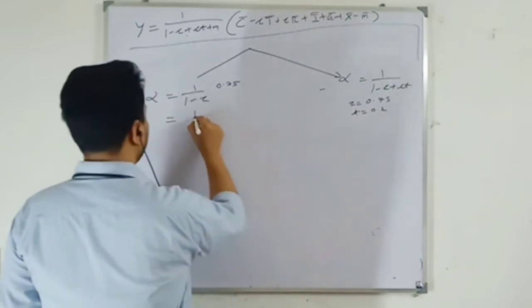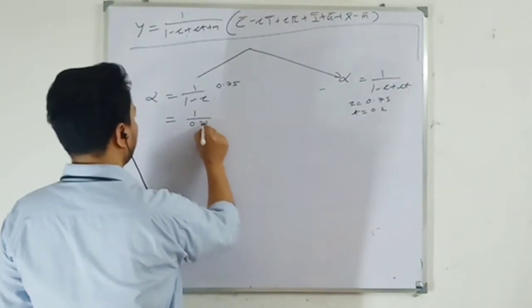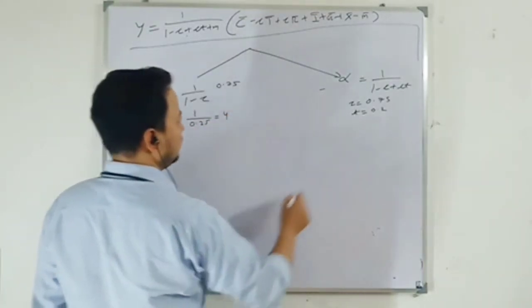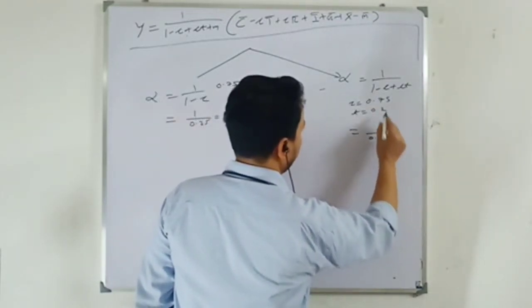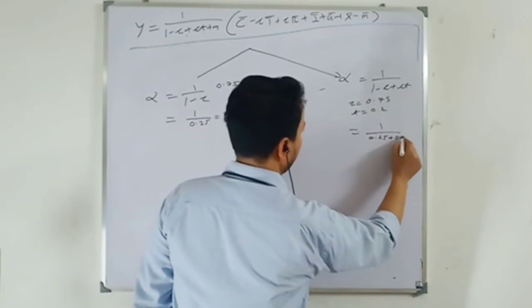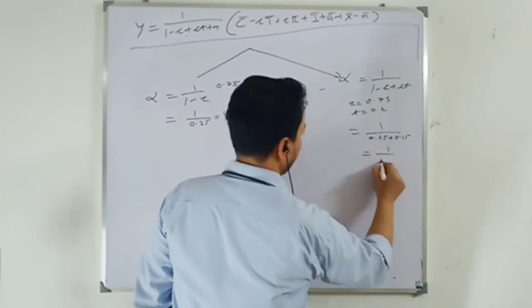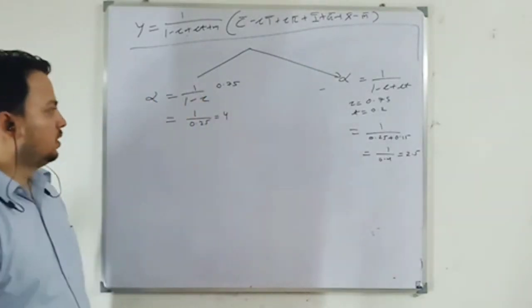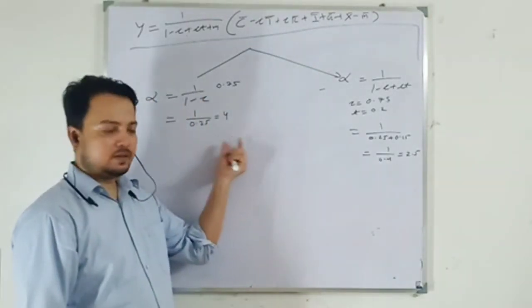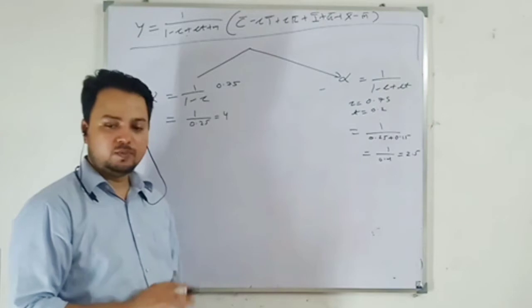So without tax I will get 1 over 0.25, which is 4. With tax I will get 1 over 0.25 plus 0.15, which is 1 over 0.4, and this is 2.5. So with tax, my multiplier value will be lower.